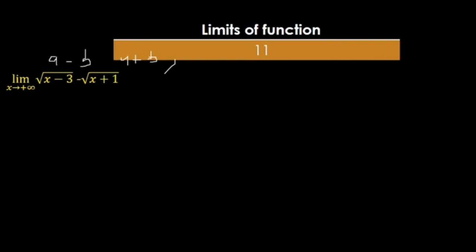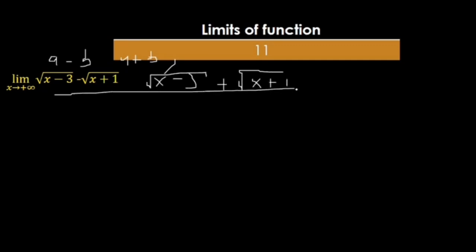So we multiply by the conjugate: the square root of x minus 3 minus the square root of x plus 1, all multiplied by the square root of x minus 3 plus the square root of x plus 1, all over the square root of x minus 3 plus the square root of x plus 1.